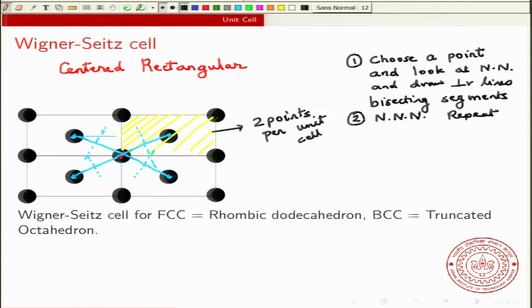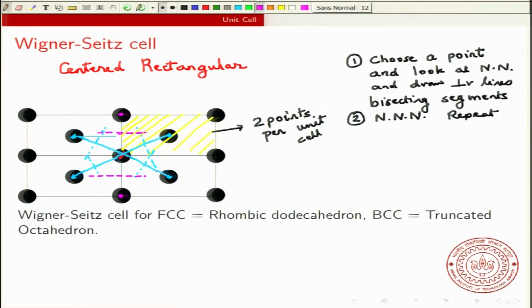So in this case, let me mark the next to nearest neighbors. I will choose a different color. The next to nearest neighbors are this and this. If I draw lines bisecting them, I will get something like this, and I will get a line that looks like this.